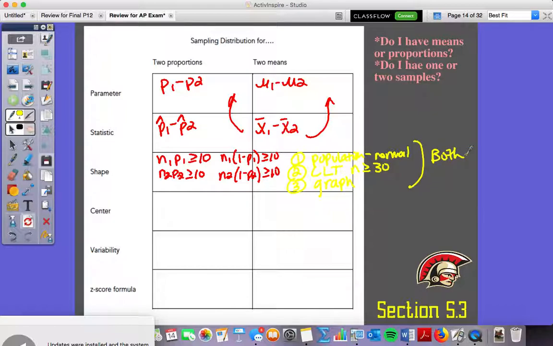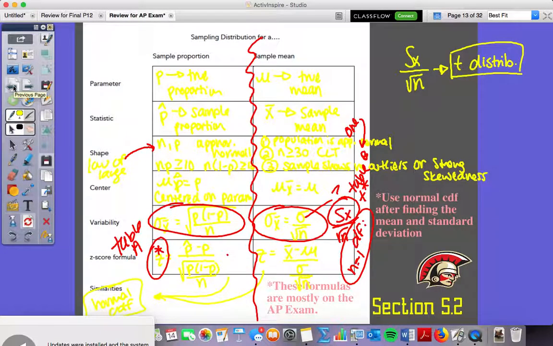The center would be the mu of p hat 1 minus p hat 2 is equal to p1 minus p2. Remember, it's the same thing, just the subtracted version. Over here is mu of x bar 1 minus x bar 2 is equal to mu1 minus mu2, right? It's the same thing we did beforehand. Just notice that there's a difference, right? There's two of them. Cool.